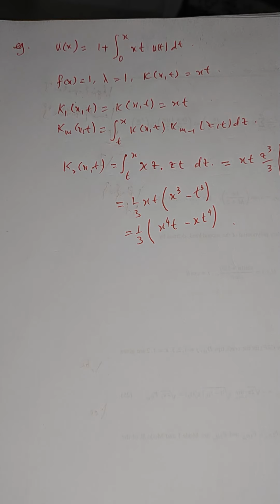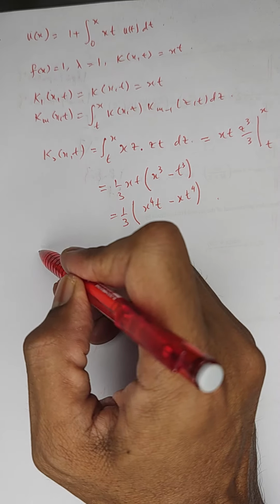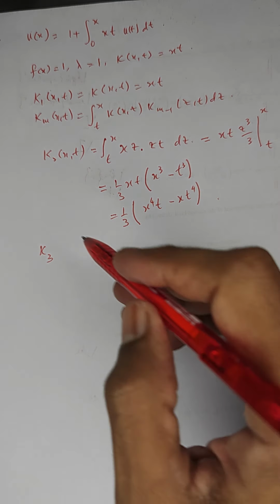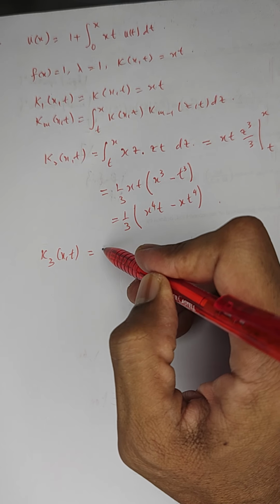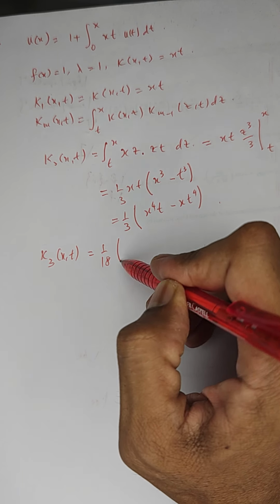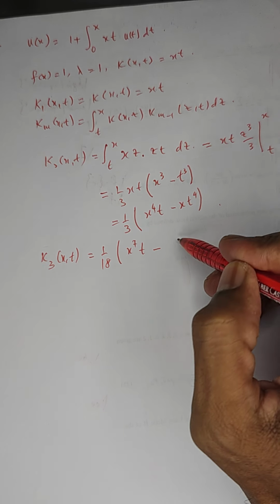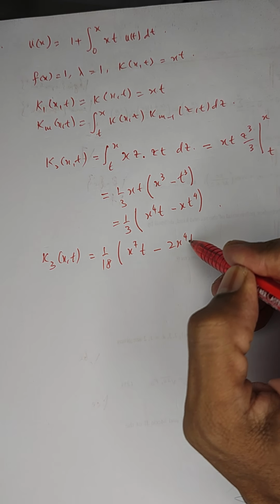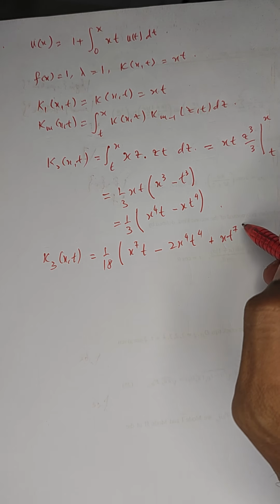Then you can find K2, and you can find K3. If you find K3, try this: you get K3 given as 1 over 18 (x⁷t minus 2x⁴t⁴ plus xt⁷).